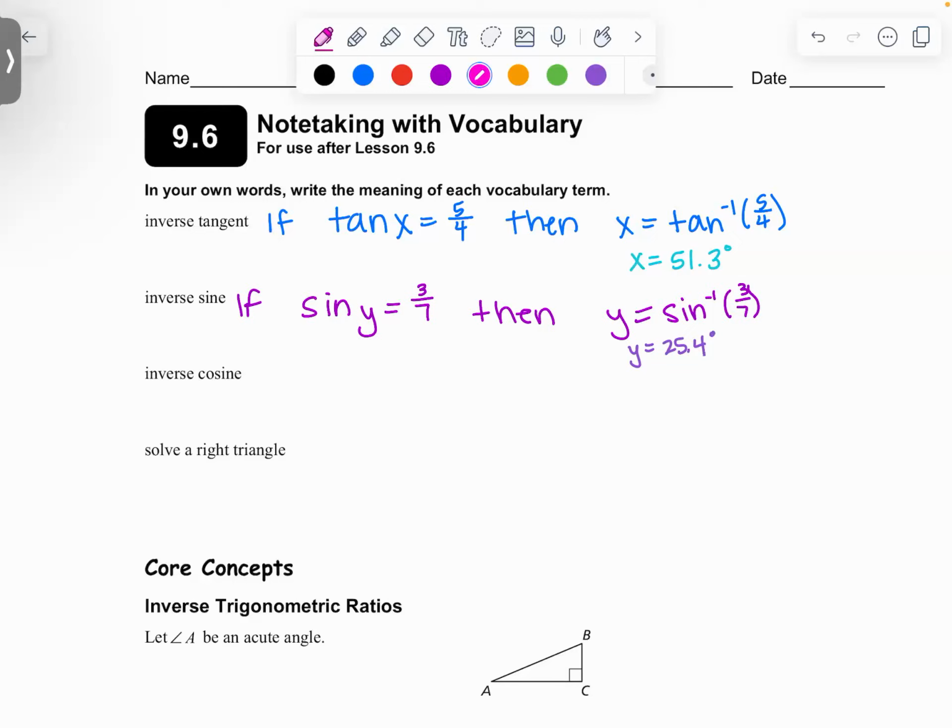All right, so last one. If the cosine of z is 4/9, notice how z is an angle that we're missing.